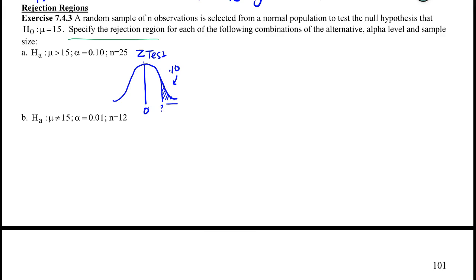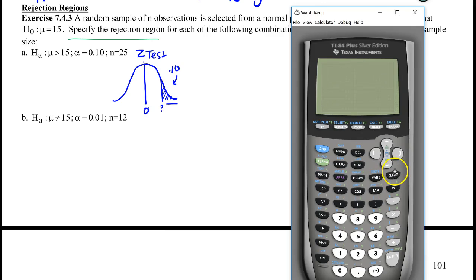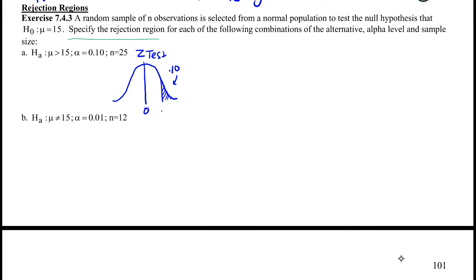So if this is our case that we're in, and we want to figure this out for a z-score, well, that's simple enough. We would just do our inverse norm, which we know so well. If the right side is 10%, that means the left side is 90%. So 1.28. So 1.28 would be the cutoff.